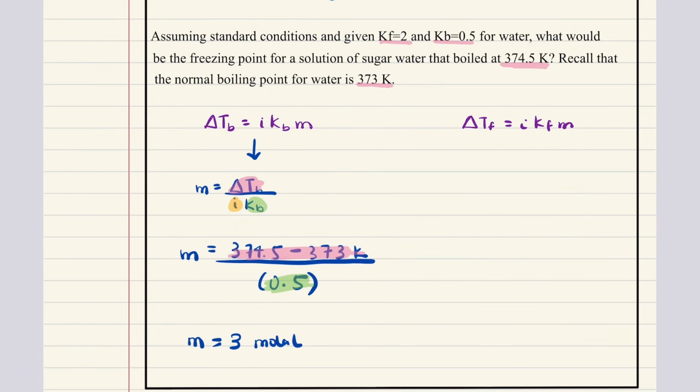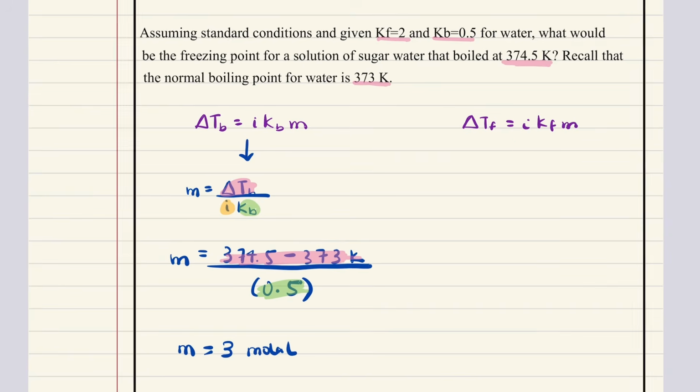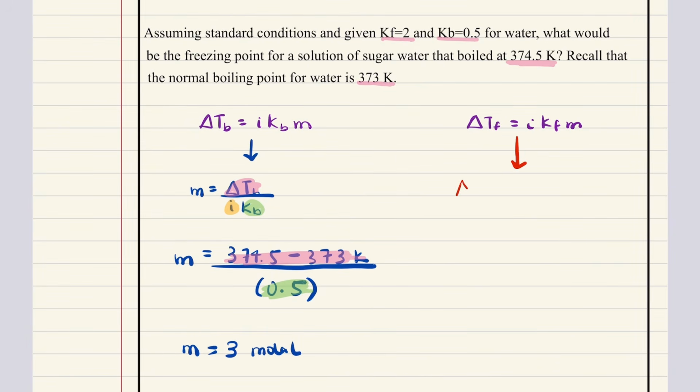Next, we're going to use that concentration in the freezing equation. We know that for freezing point depression, delta Tf is equal to i multiplied by Kf multiplied by m. And that is equal to 1 times 2 times 3. That gives us that delta Tf equals 6 Kelvin.